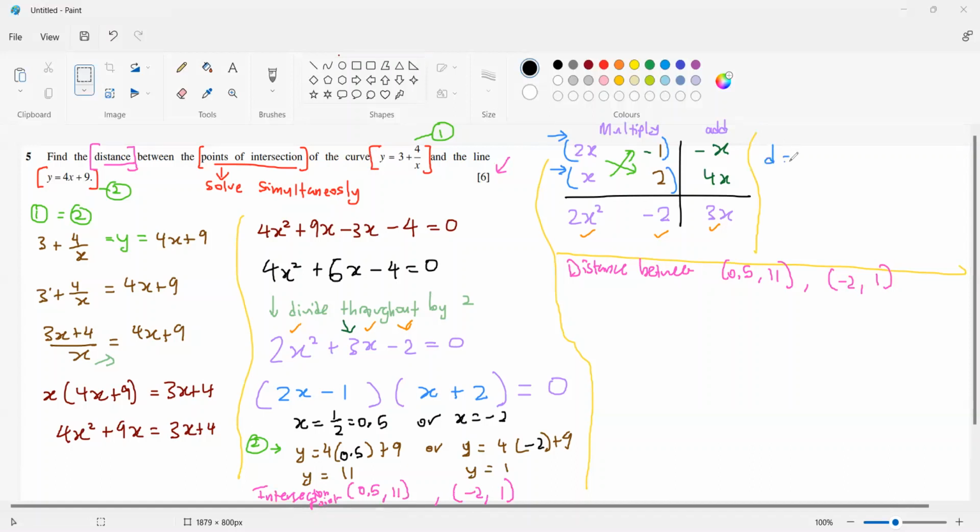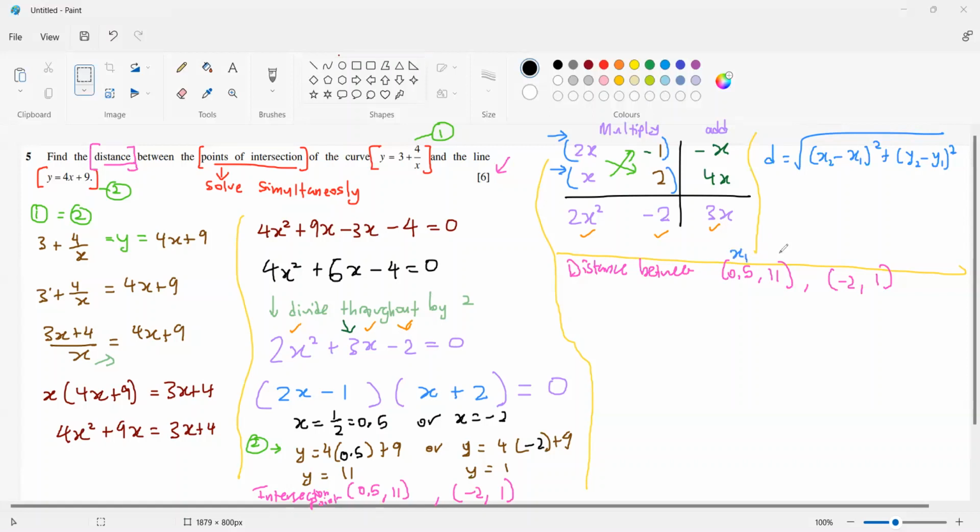The distance between any 2 points, when given in coordinate form, is the square root of x2 minus x1 squared plus y2 minus y1 squared, like that. Which is the x2 and y1? It can be any one of it, doesn't matter.